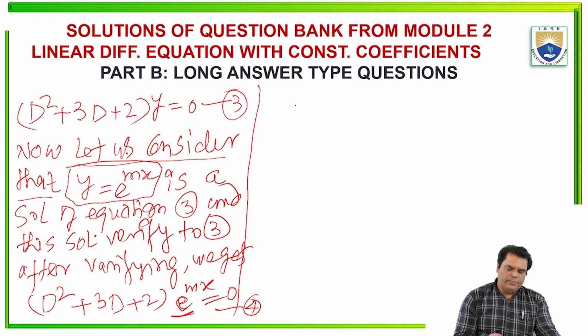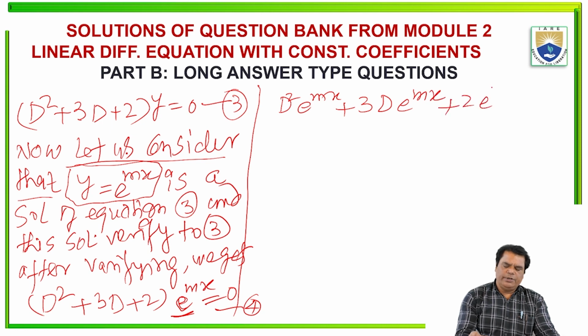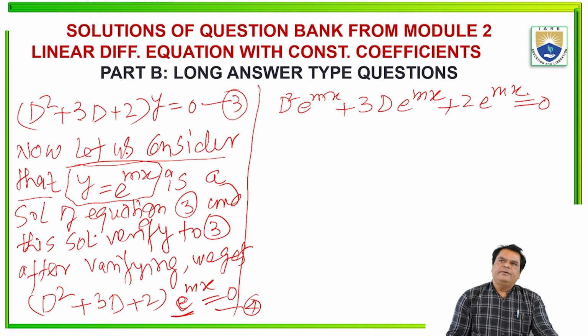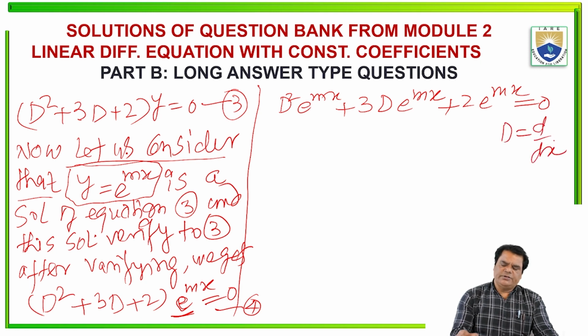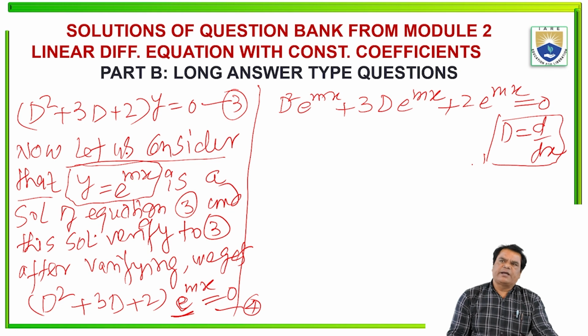Now multiply e to the power mx into this bracket. So here D square e to the power mx plus 3D e to the power mx plus 2 e to the power mx equal to 0. Here D equal to d over dx, differentiation with respect to x. Capital D is the differentiation operator with respect to x.